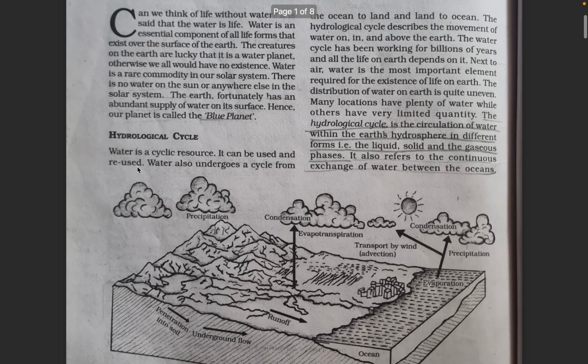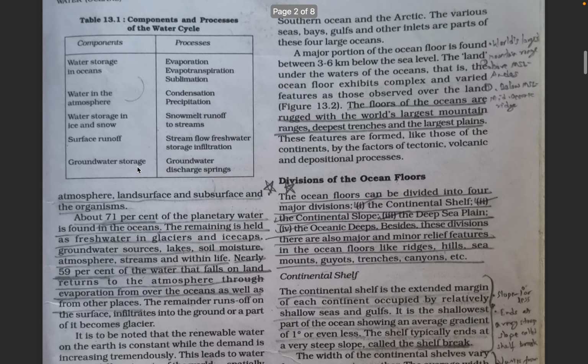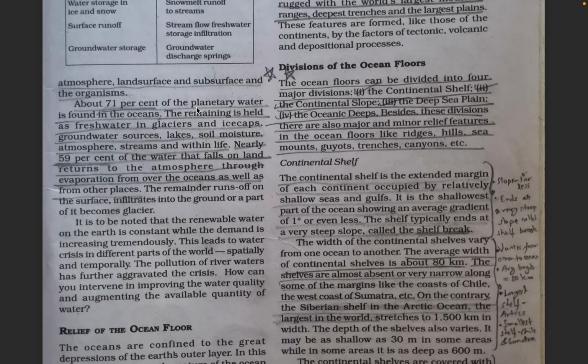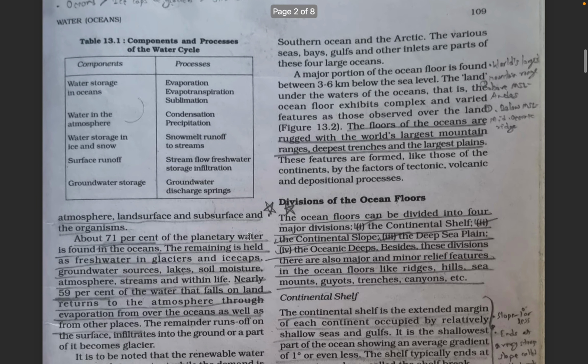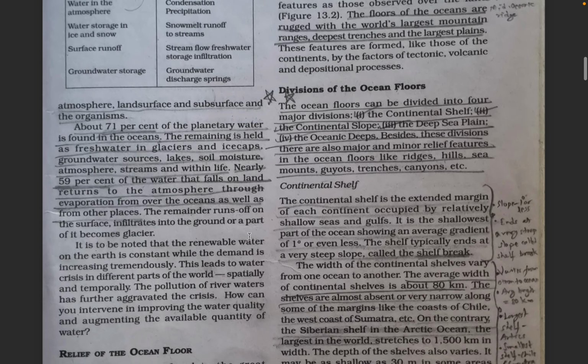So going with this, it is the same thing that 97% of the planetary water is found in the ocean. The remaining is fresh water in glaciers, ice caps, groundwater, lakes, soil moisture, atmosphere, streams, and within life. We human beings and also the plants and animals have water, but they are in the lowest order of this decreasing order series of water.